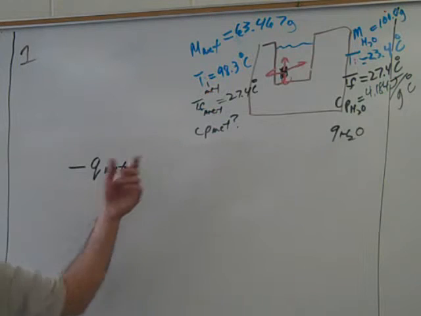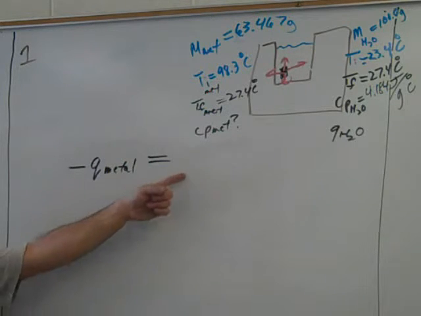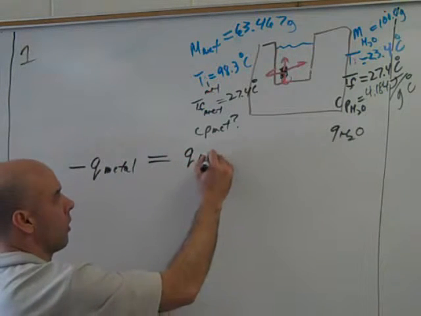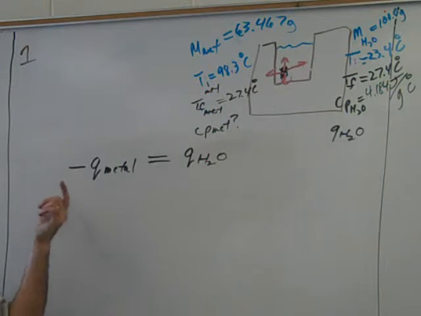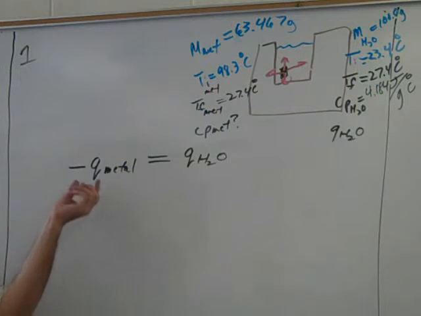Q stands for heat, right? If I'm losing heat, who's gaining? The water, okay? And the amounts are equal and opposite. So again, if I lose $5, I'm negative $5. If Riley finds it, he's plus 5. So I'm minus 5, he's plus 5. They're equal but opposite, so we have the negative sign.